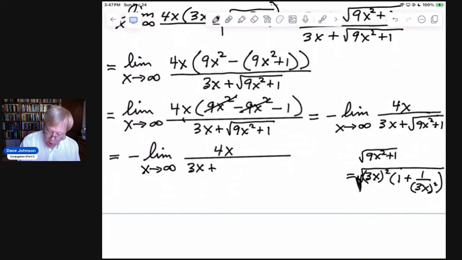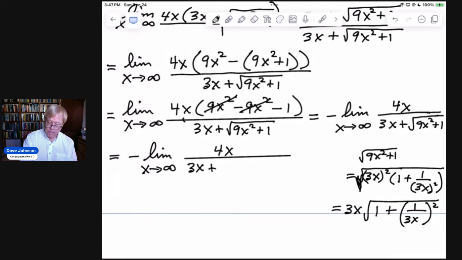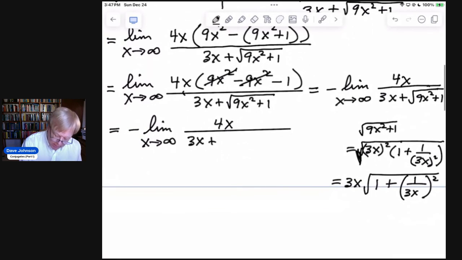Okay, so the square root of 3x squared is 3x, so this is equal to 3x times the square root of 1 plus 1 over 3x squared. And so let me write that here. So this is 3x times the square root of 1 plus 1 over 3x squared.